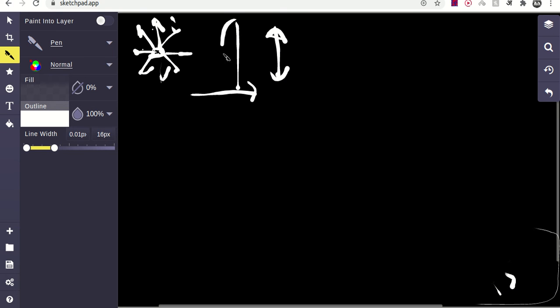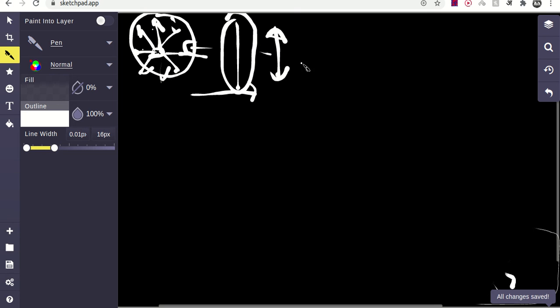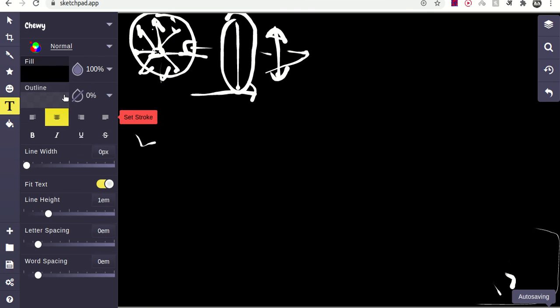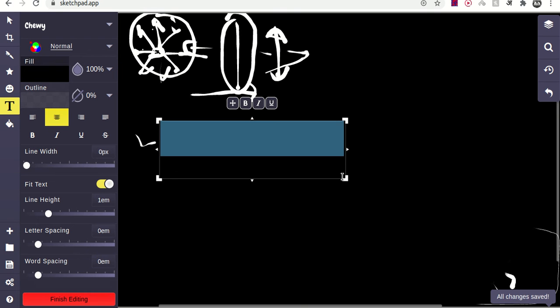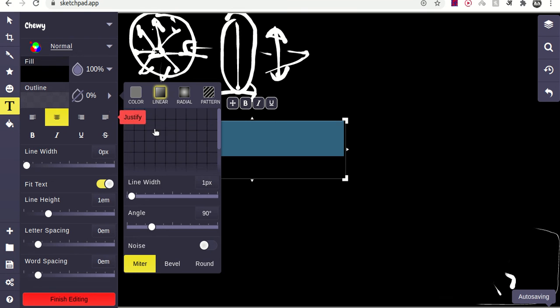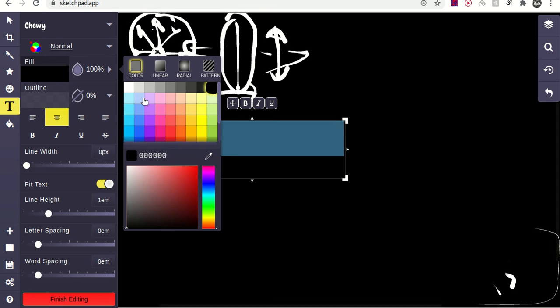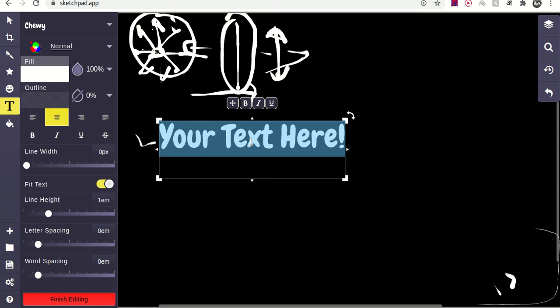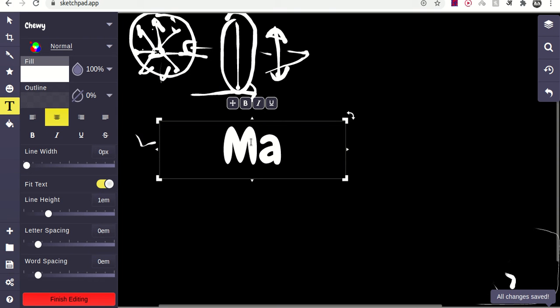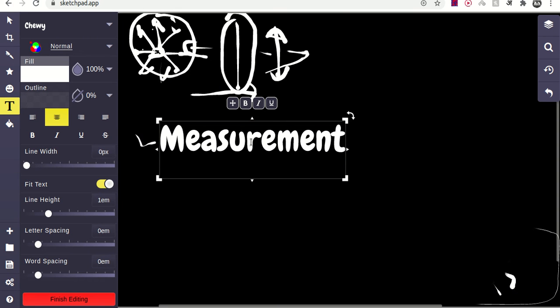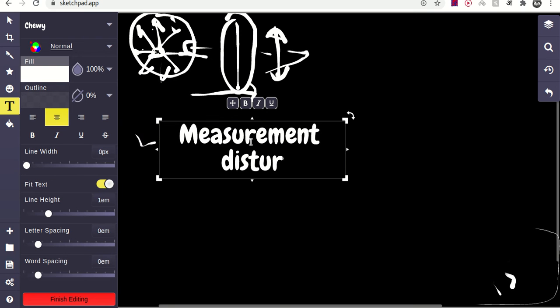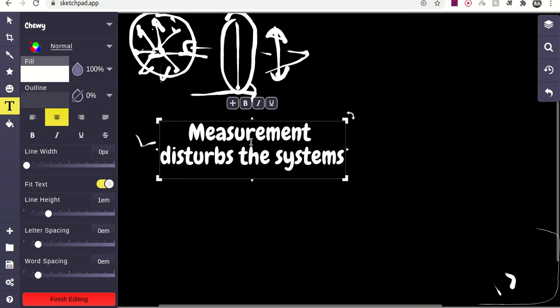This measurement modified the system it is measuring. So measurement disturbs the system.